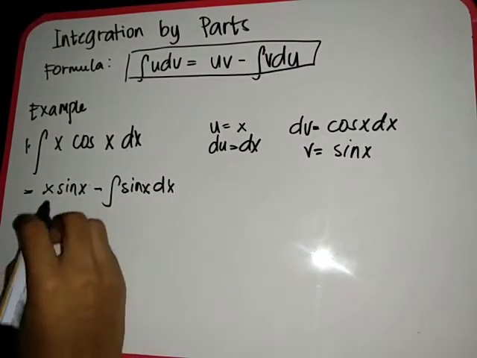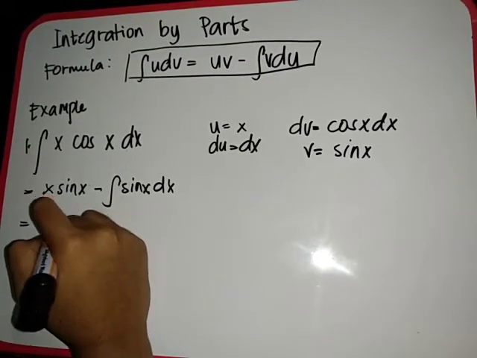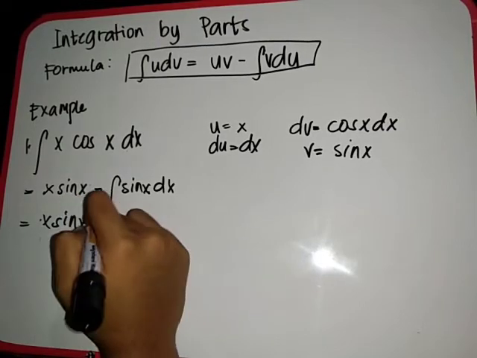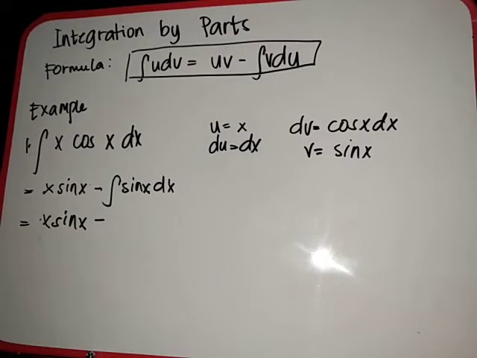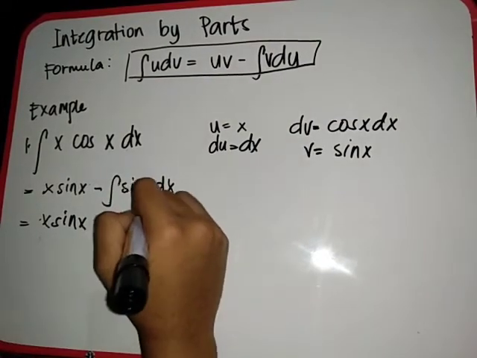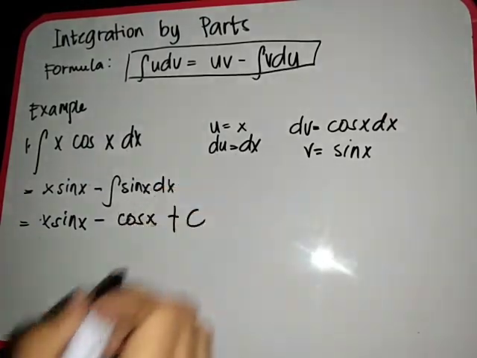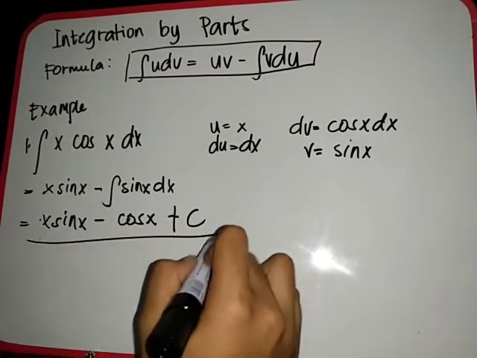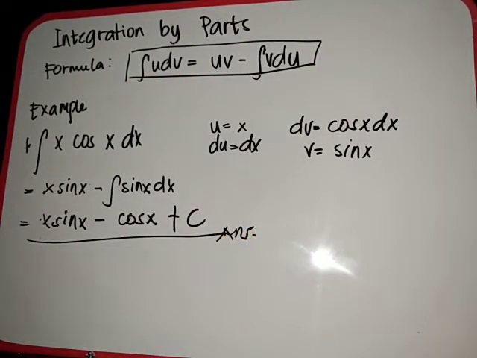So copy this: x sine x minus the integral of sine x. The integral of sine x is negative cosine x, plus c. So this is the final answer for our example number 1.